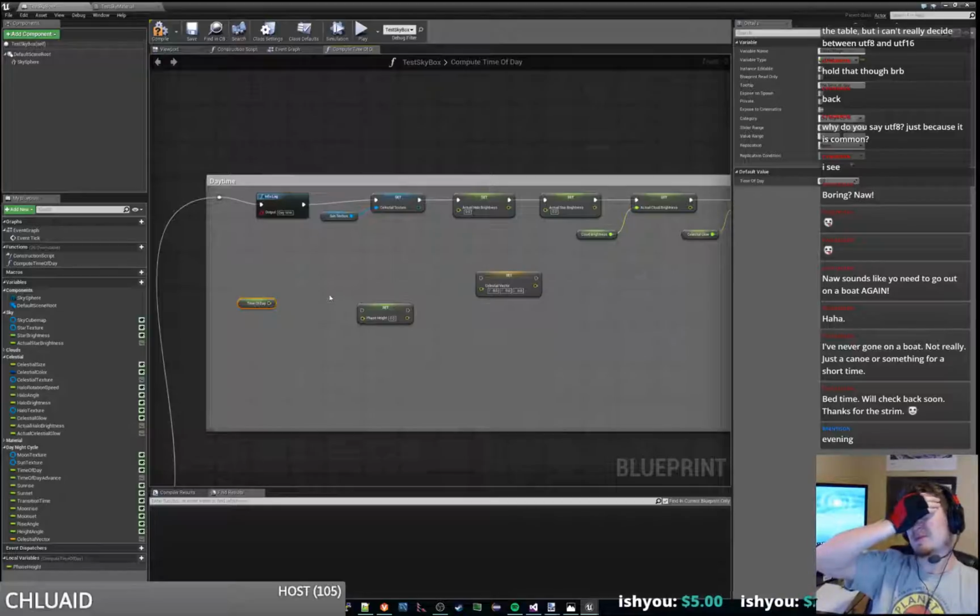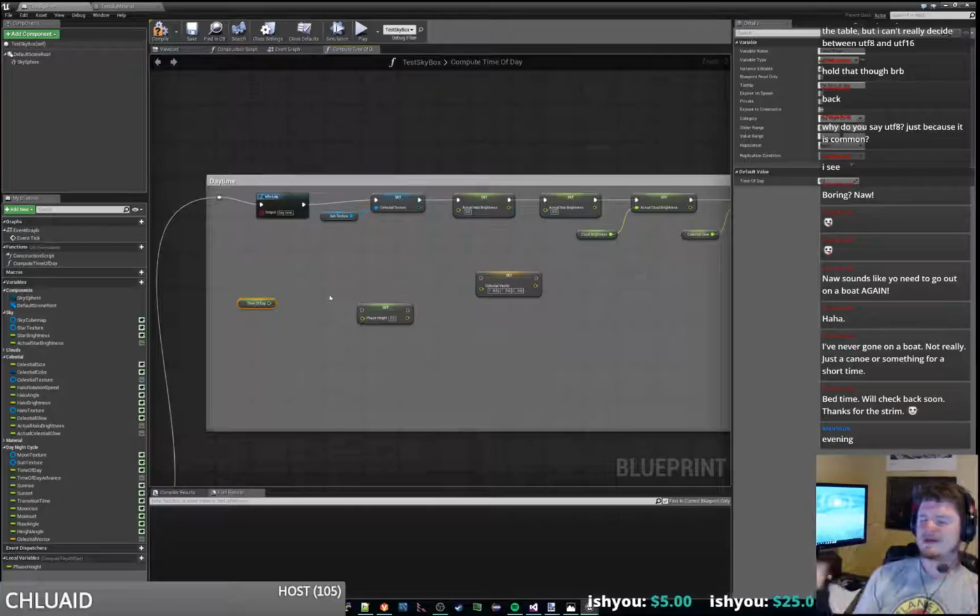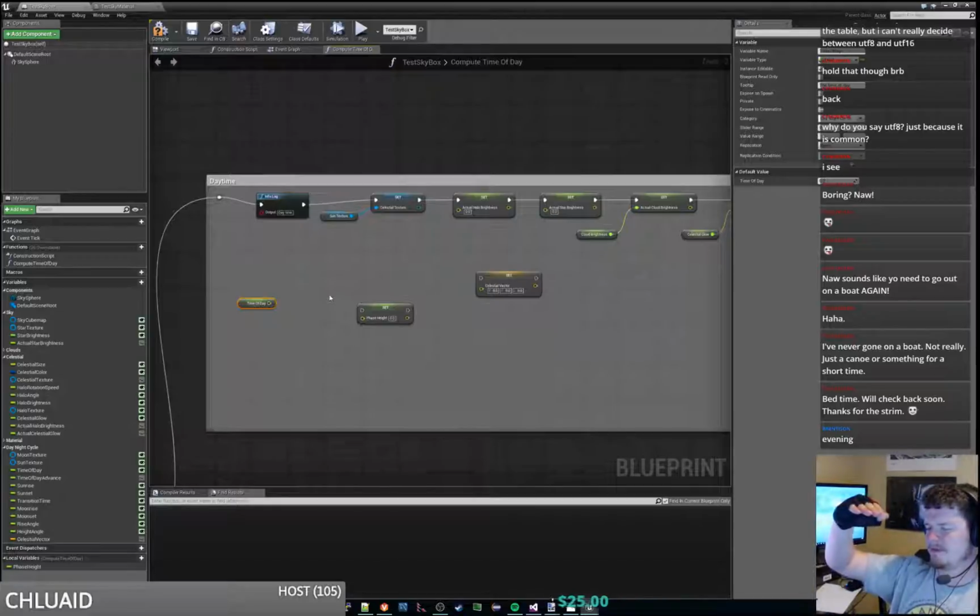So if we went from 0 to 1 for the entire time, then we subtract 0.5 from it, so now we're negative 0.5 to 0.5, and then we just multiply by 2.